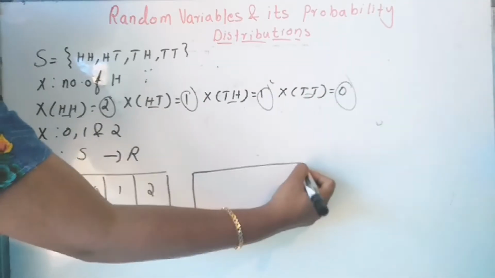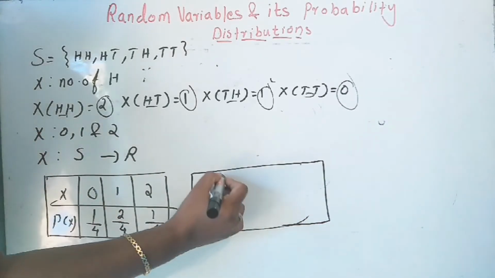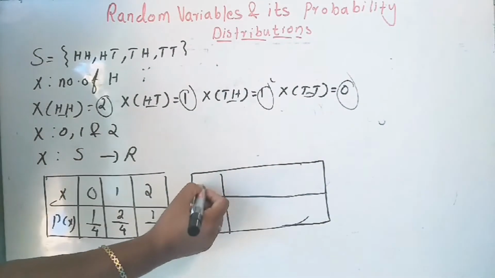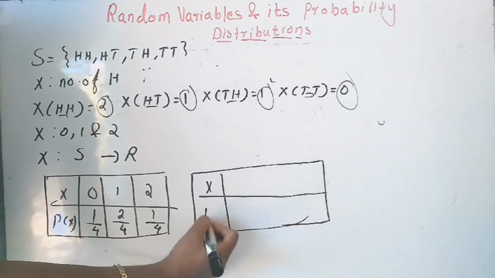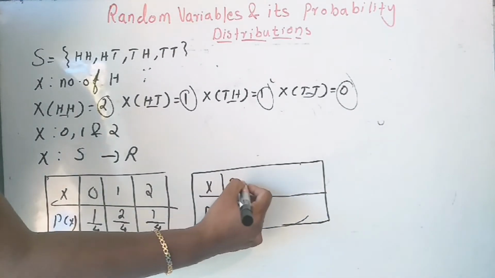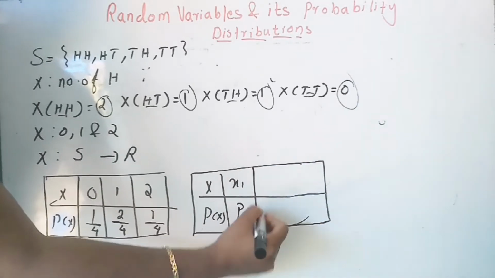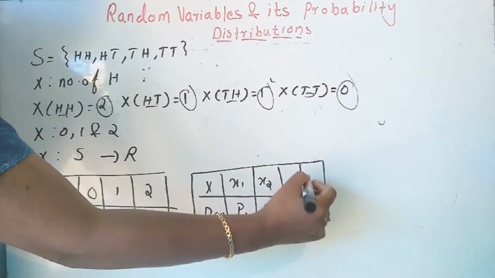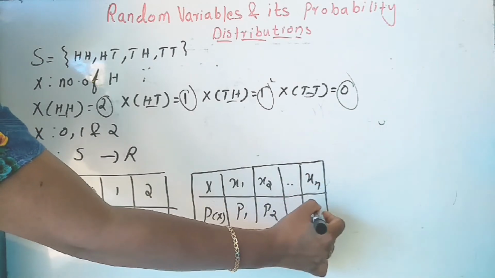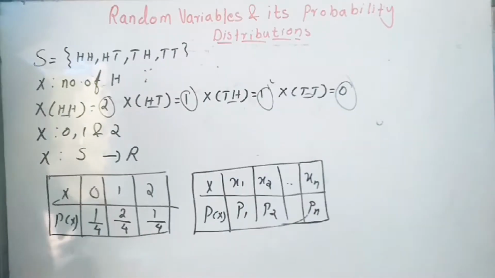Before going to the mean of a random variable, suppose one distribution is given, and we need to check whether the given distribution is a probability distribution. Then you need to check two conditions.